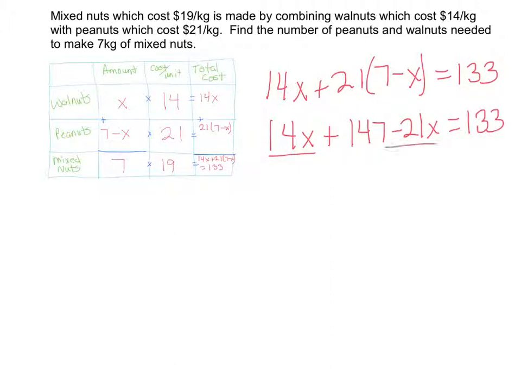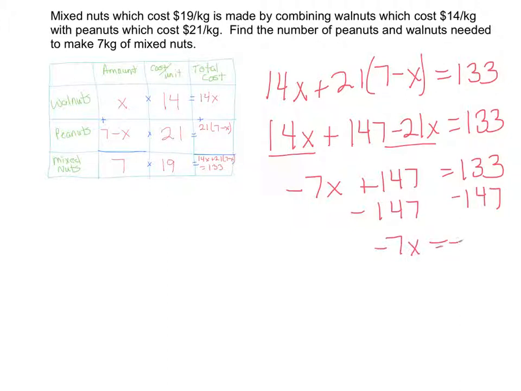Then you combine your like terms. Negative 7x plus 147 equals 133. Subtract 147. Negative 7x equals negative 14. Divided by negative 7, x equals 2.